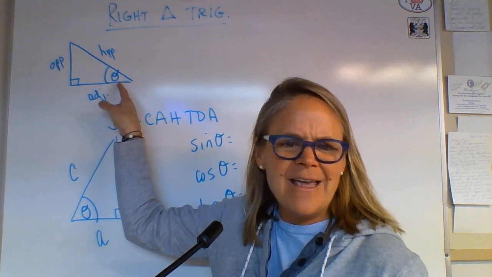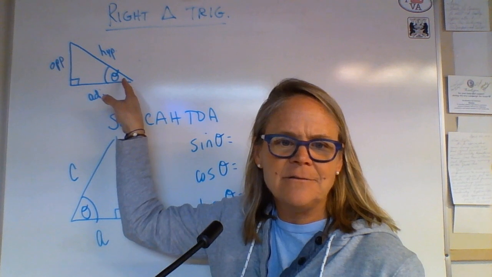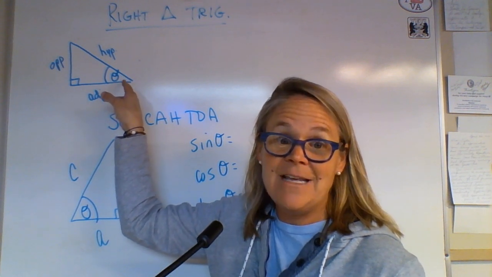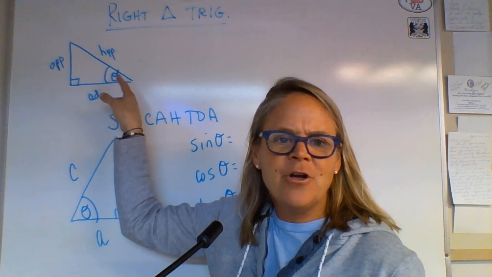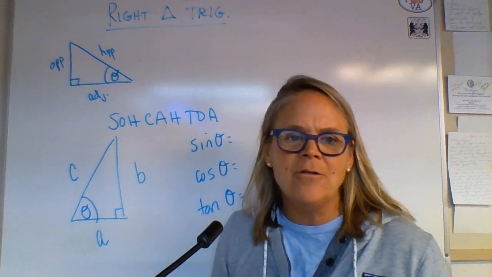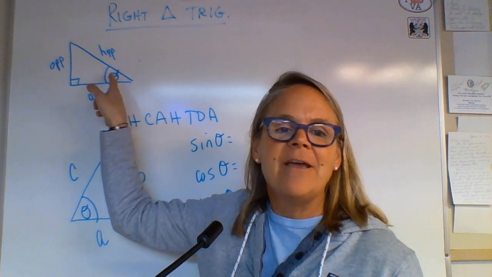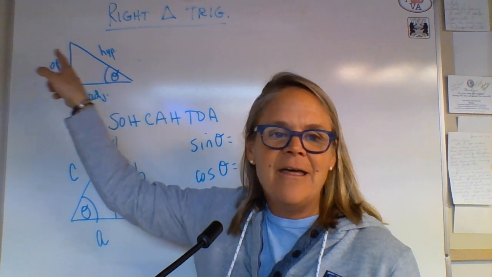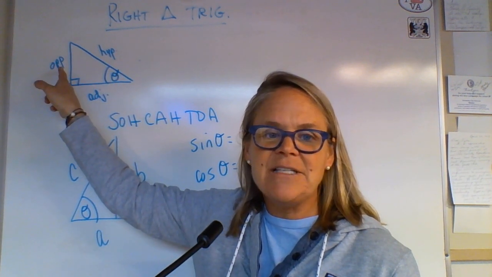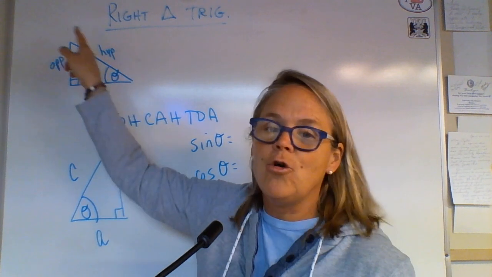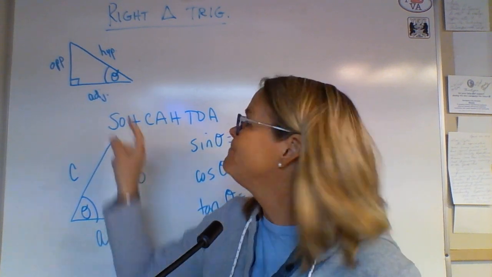We should know when we have a triangle that is a right triangle. The new thing here is this is a theta. You're going to see that for an angle lots of times. So we're talking about the angles. If we look at that angle, that side is opposite because it is across from the angle.